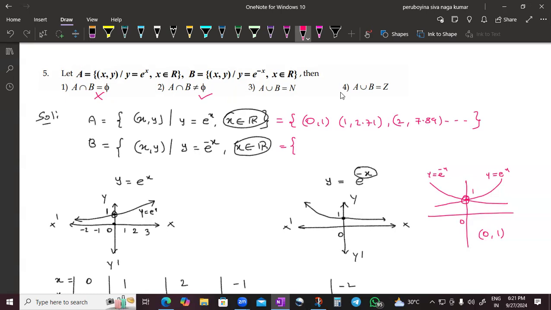If you see the reverse order, you can have (0, 1), and if it is minus 1, then it is 2.71, and so on. So these are not natural numbers. If you merge these two sets, we are not getting any natural number system. So it's not an integer, it's not a natural number, and it's not an empty set. The non-empty set is correct. So option 2 is correct for this question.